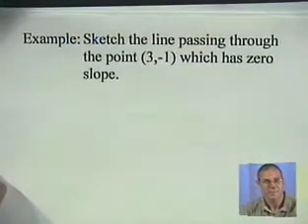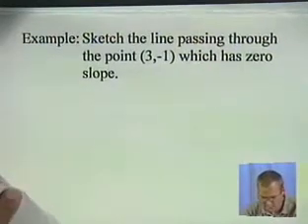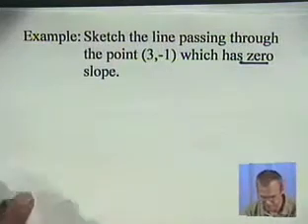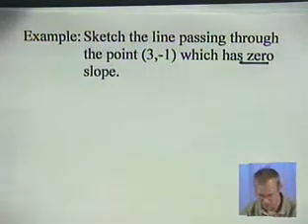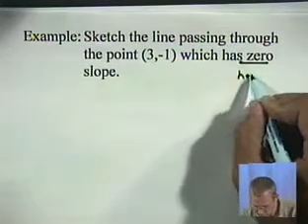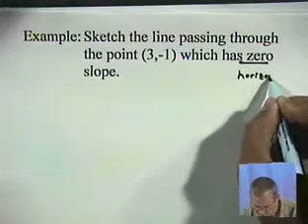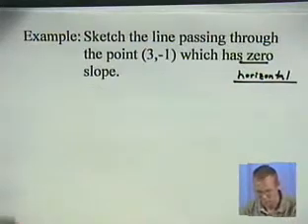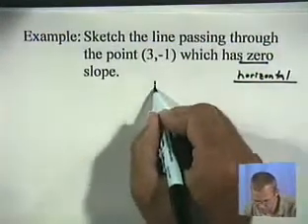Sketch the line passing through the point 3, -1, which has 0 slope. 0 slope. What did that mean? What type of lines had 0 slope? If we remember from a previous lecture, horizontal lines have 0 slope. So this problem is going to be pretty easy.